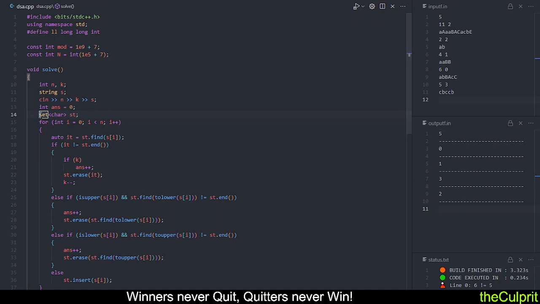No, why? Because if the same character is found irrespective of its case, then one of these three cases gets handled. If there is an exact match, then we erase it and then we decrement our k by 1.